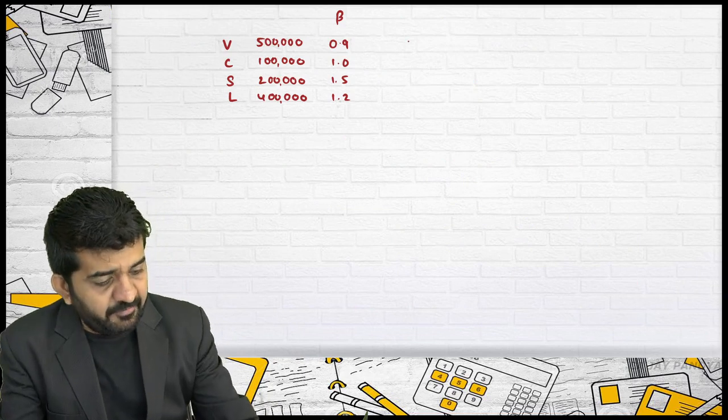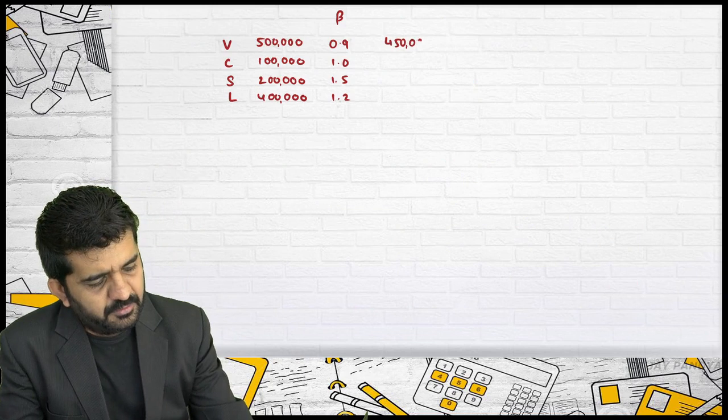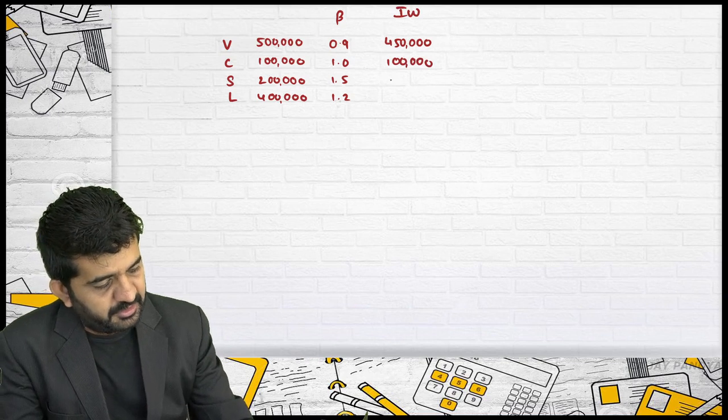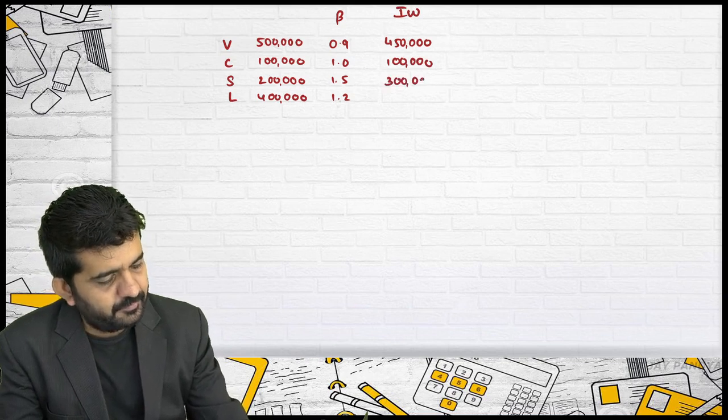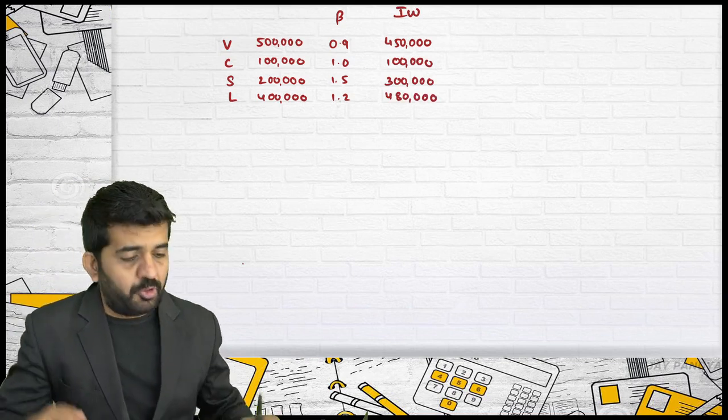Alright, let me find out this answer even. This is 4,50,000. This is 1 lakh. This is sigma IW. This is 3 lakhs. This is 4,80,000. Now try to concentrate.